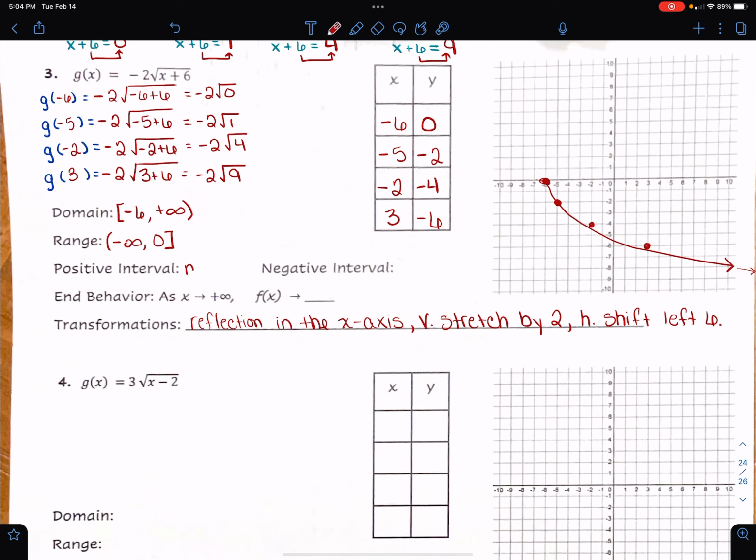Positive interval. On this one, there is none. Negative interval. There's 2 ways that you could write it. You can say it is negative from 0, it is a negative interval, talking about the y's, from 0 to negative infinity.